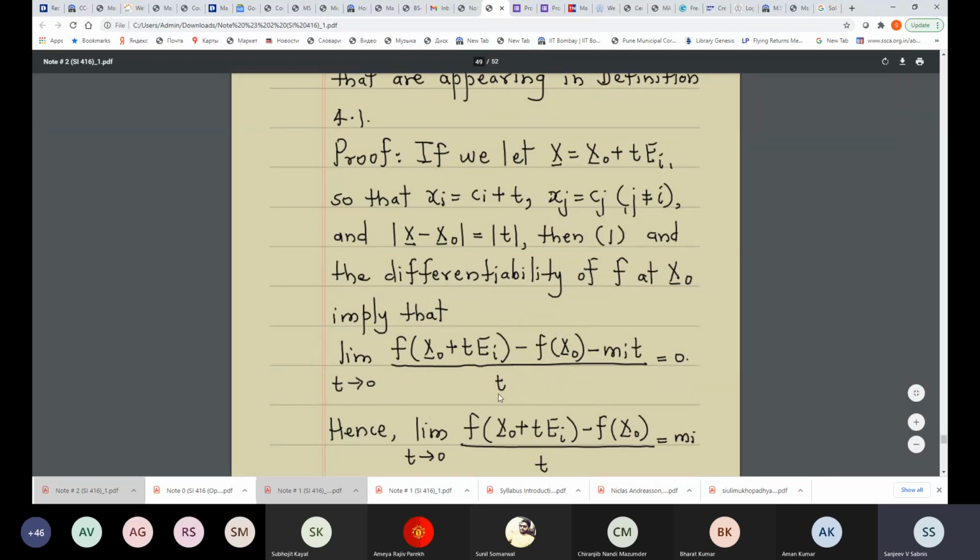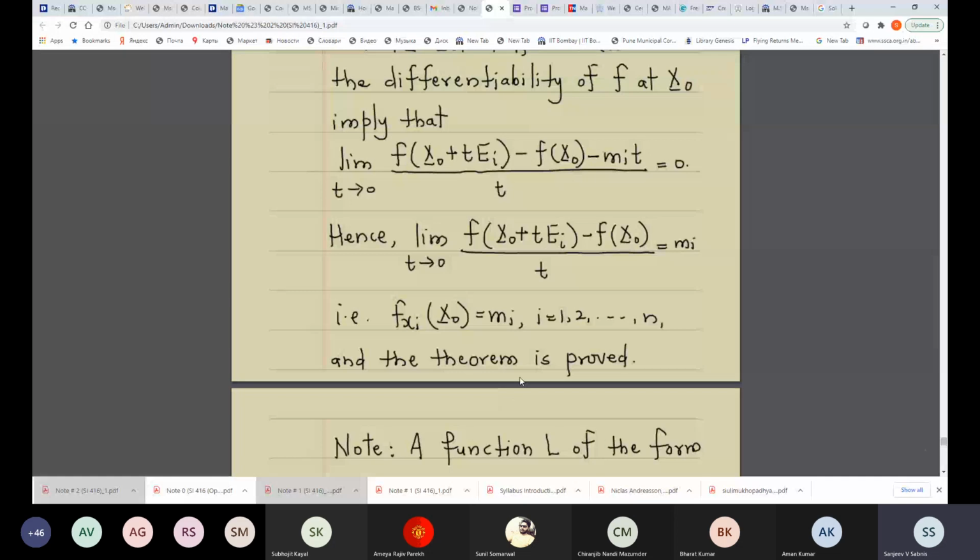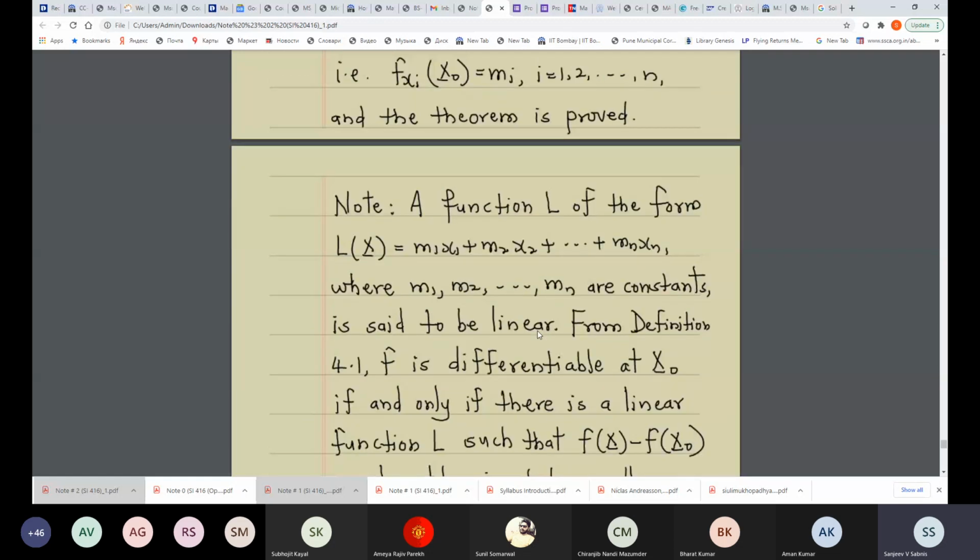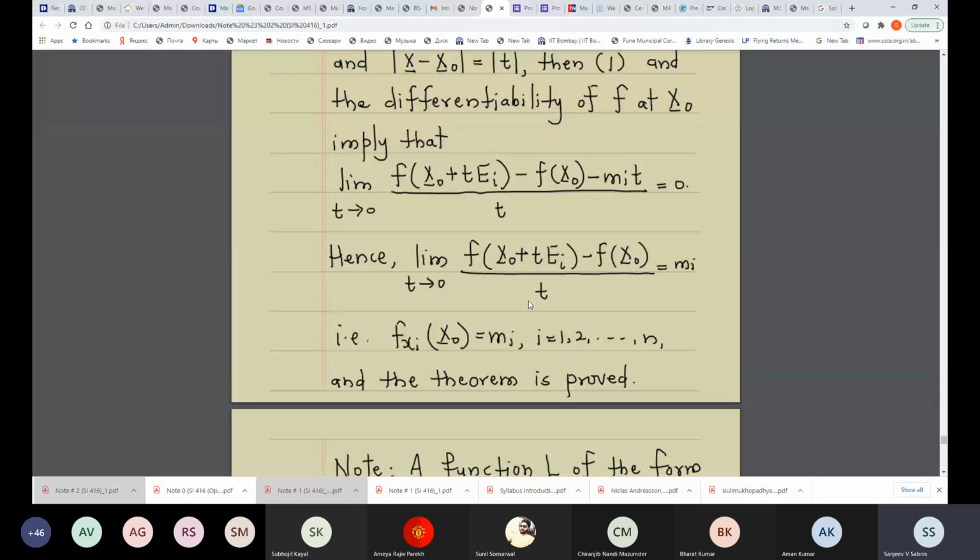Okay, fine. So this proof, I would let you go through this proof. Let's note the following. A function L of the form Lx equal to m1x1 plus m2x2 plus dot dot dot mnxn, where m1, m2, mn are constants, is said to be linear. So from definition 4.1, again, I have given this number.